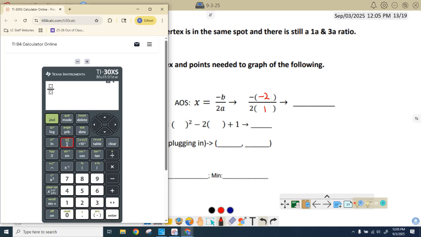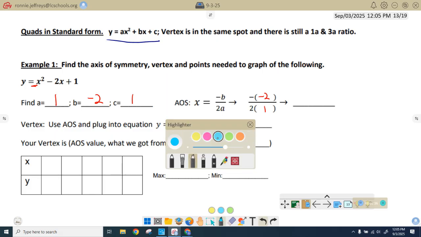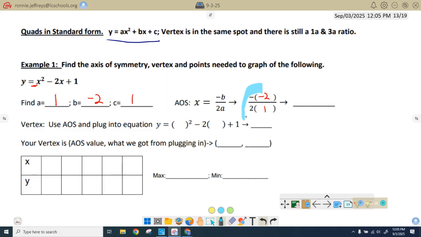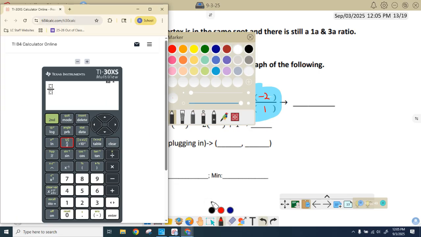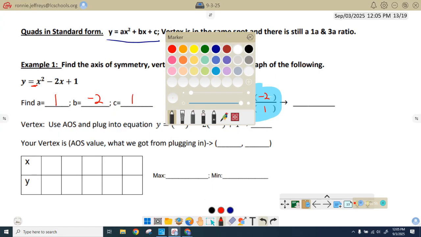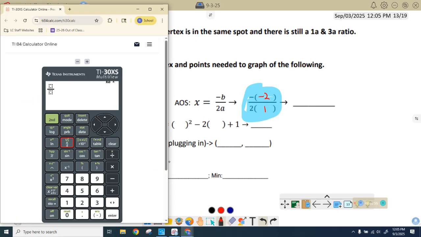Here's where people have messed up all day today. When I say you have to put everything in here as it's written, and people do something that's different, they get the wrong answer, and then they start yelling syntax error. All right, so now this is a negative.